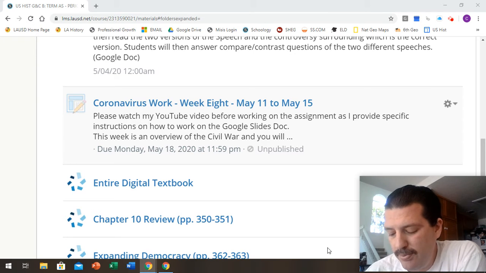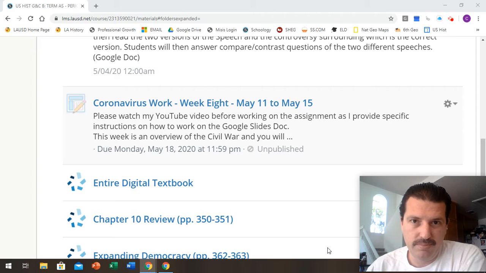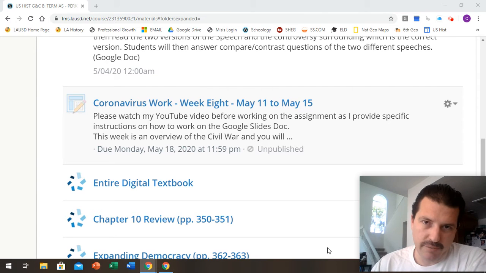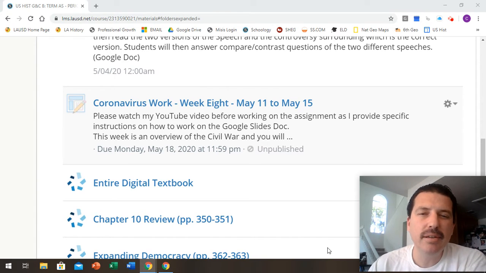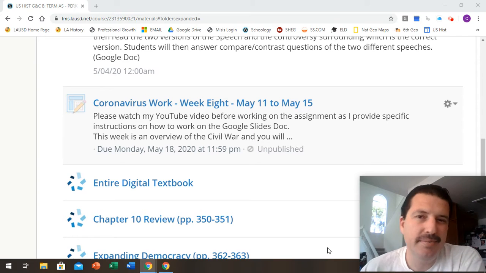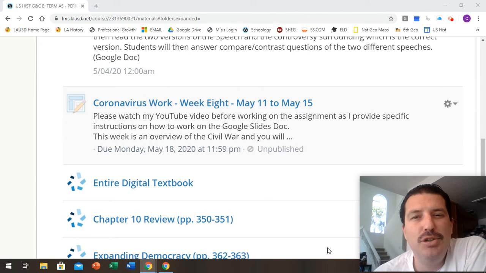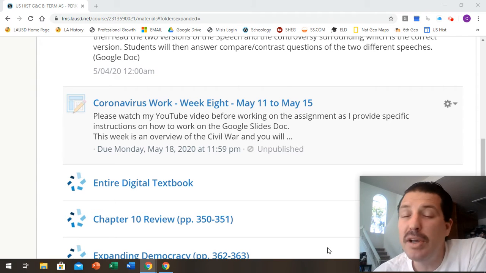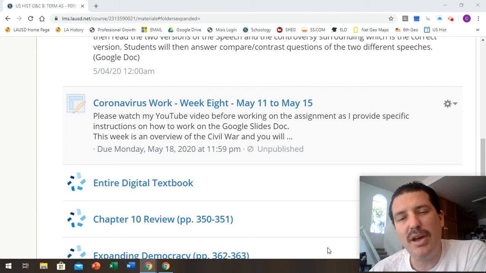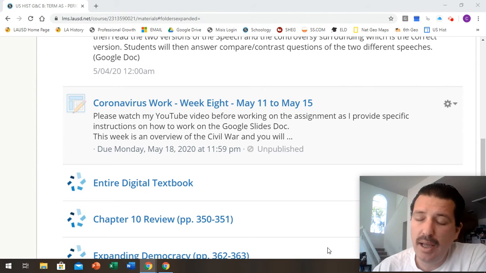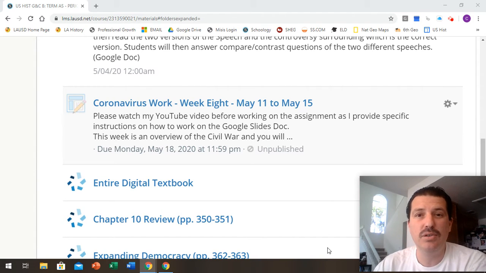Things we need to know. Yes, the Civil War was about slavery. Now, a lot of hoity-toity historians will tell you that it wasn't just about slavery, that it was about other things as well. And while, yes, this is true, the main issue here is slavery, and there are many historians and people who will back that up.